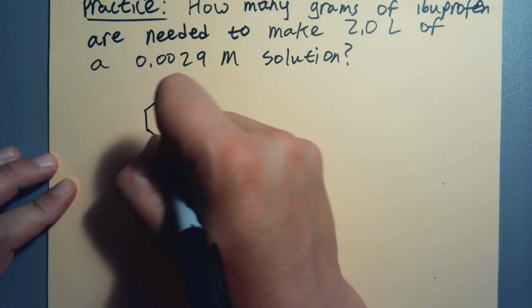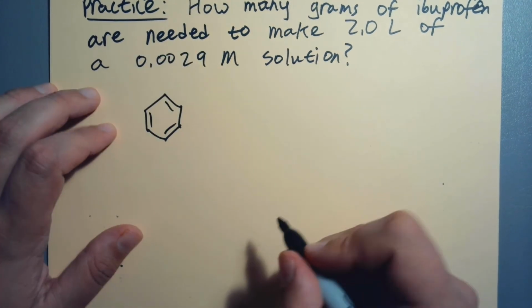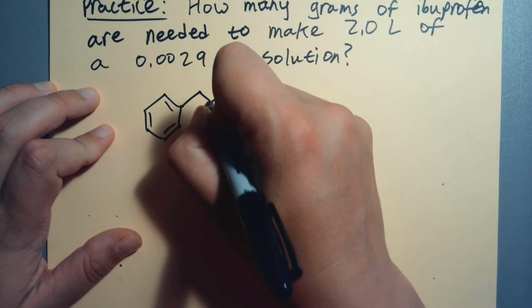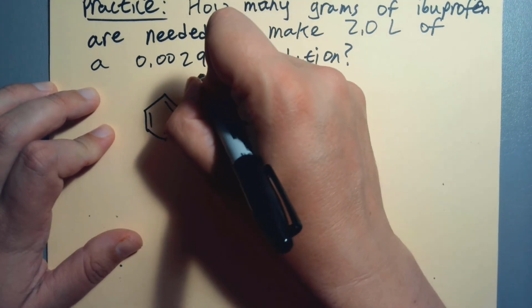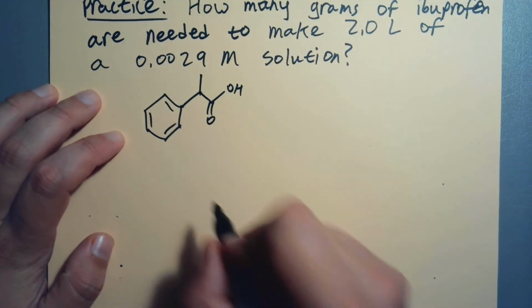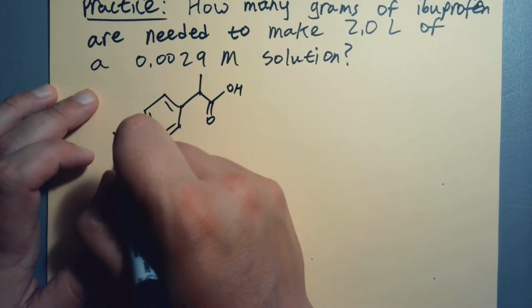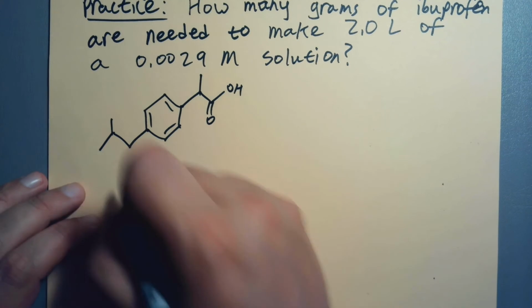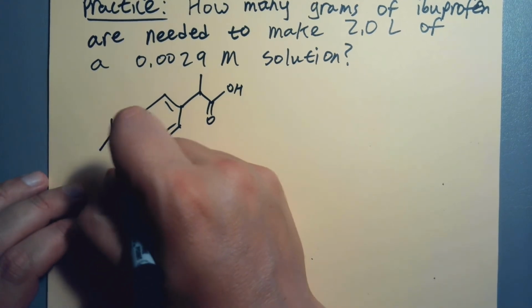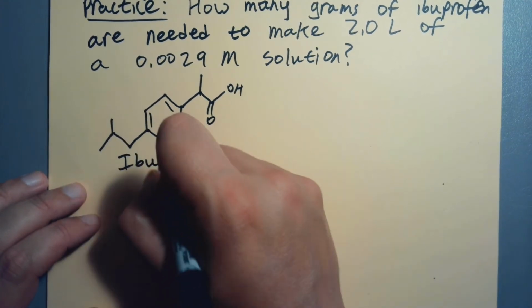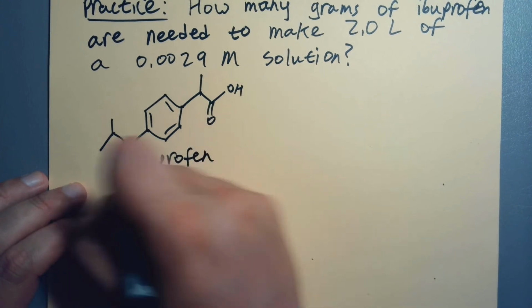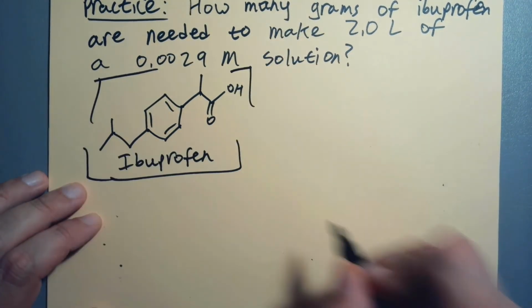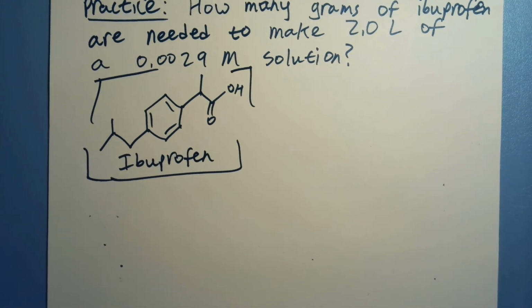What does ibuprofen look like? So we got a ring, we got a carboxyl group out here, got a side chain there. This is ibuprofen. Do you need that information to do this problem?